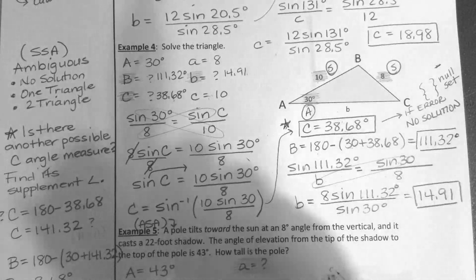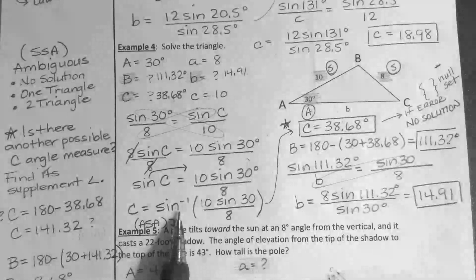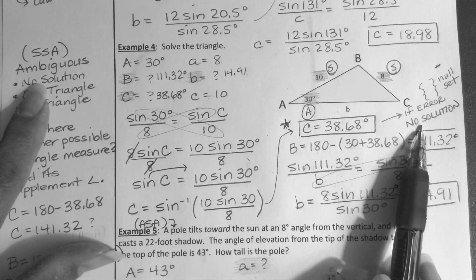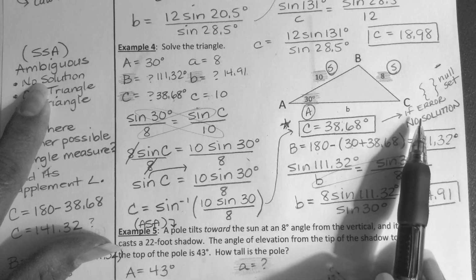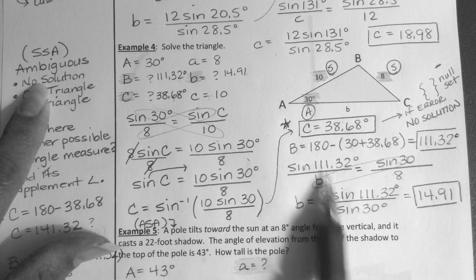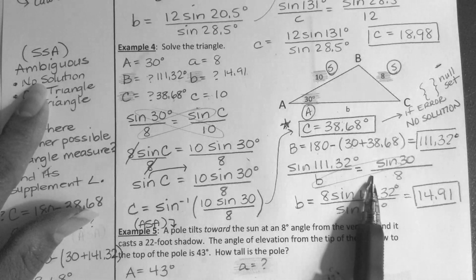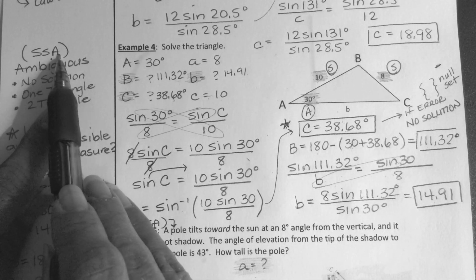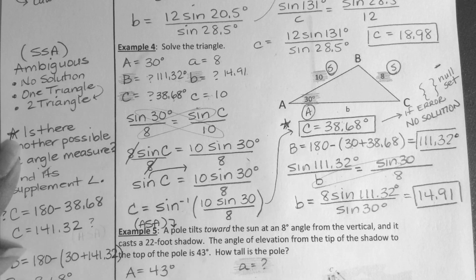Okay, so repeating myself with the no solution: if when you do the first arc sine, you end up with an error message, you just say no solution and you are done. You do not do any more work. If you do get an answer, work it out like you've always been working and you found your first triangle. But if you find a first triangle in an SSA problem, you have to go check and see if a second triangle exists.